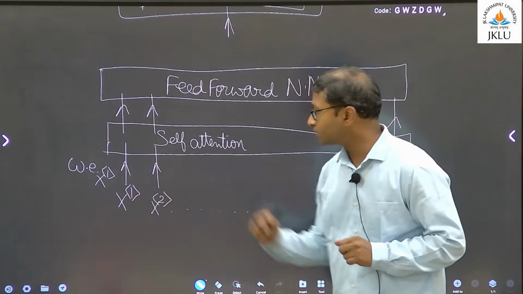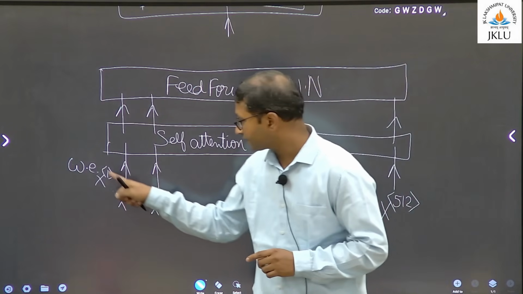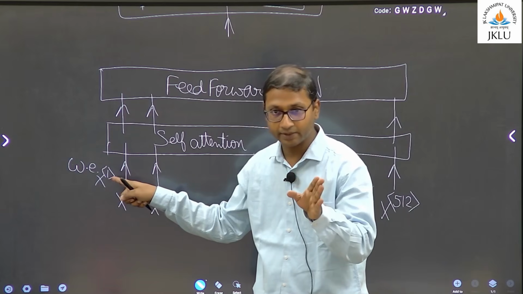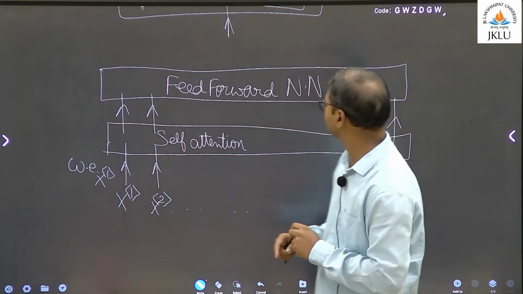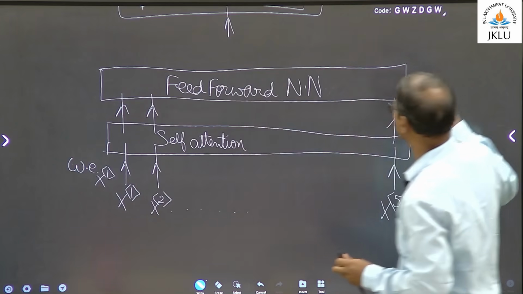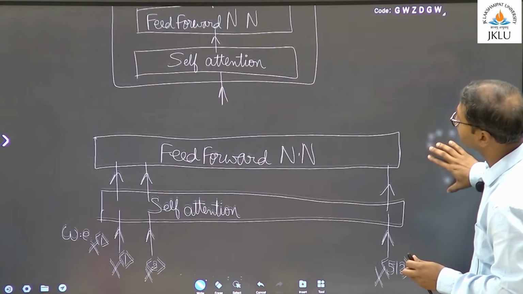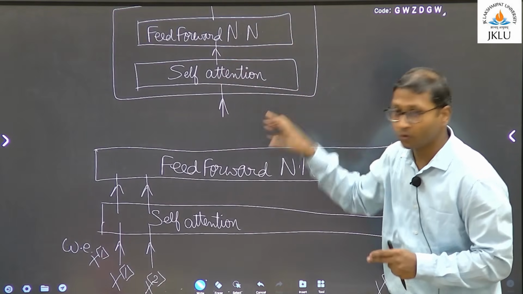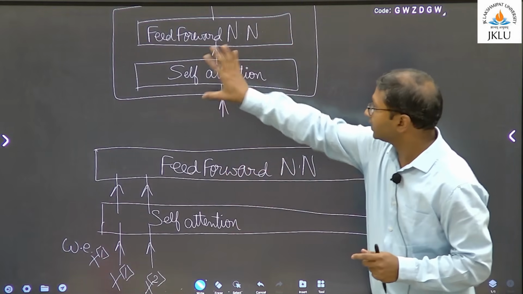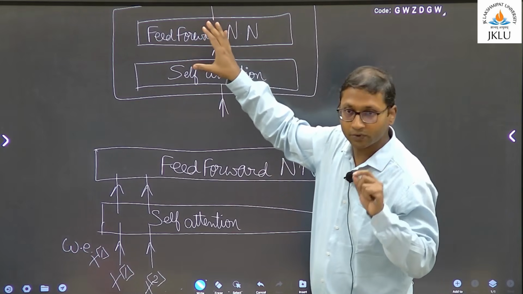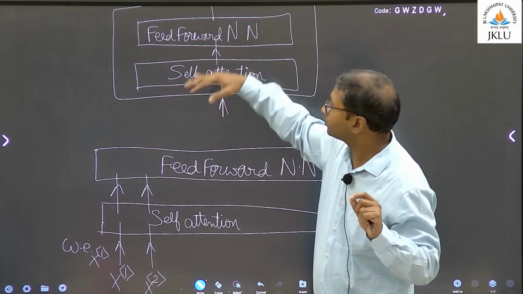So this one was 300 dimensional. What happens here? So this whole thing, if you see here, we are just trying to talk about this block separately. Earlier we just treated them as black boxes.